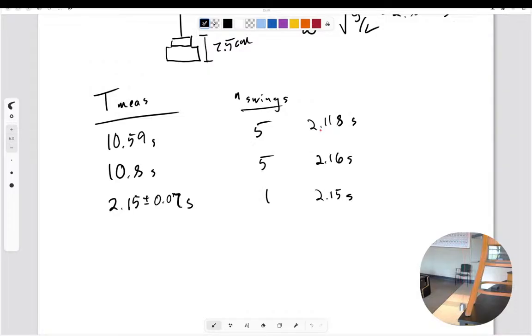So 3 different timers, 3 different measurements. Every measurement has to be different. It's just a fact of life. There's got to be error every time you measure it.